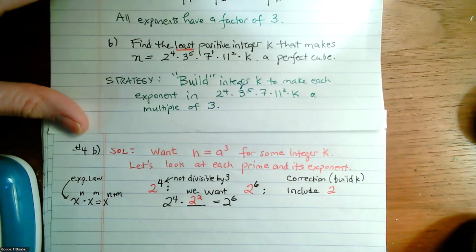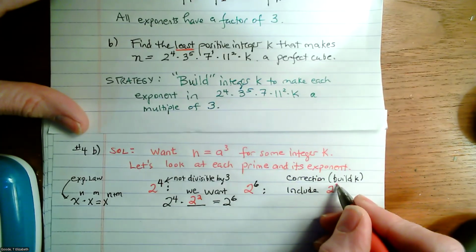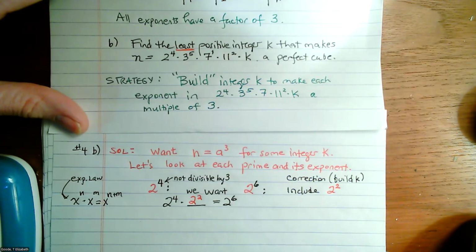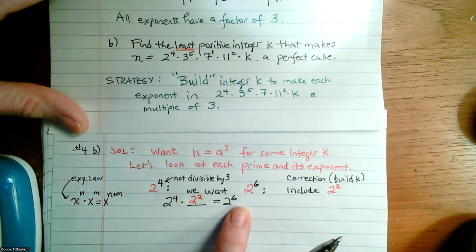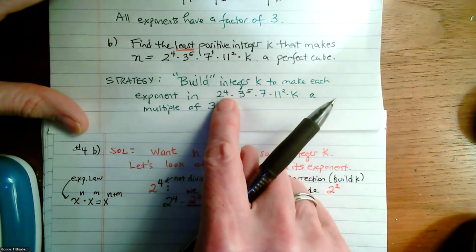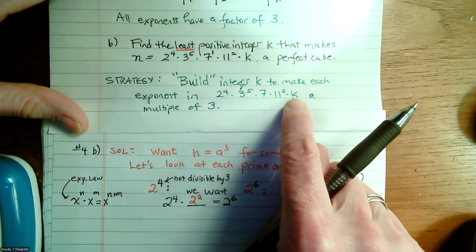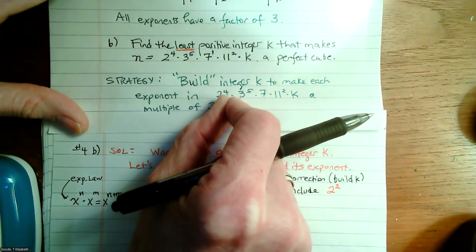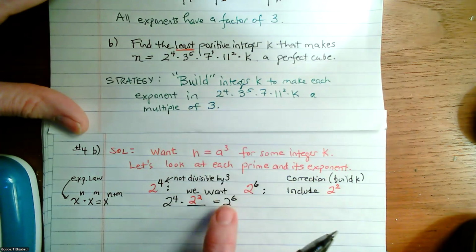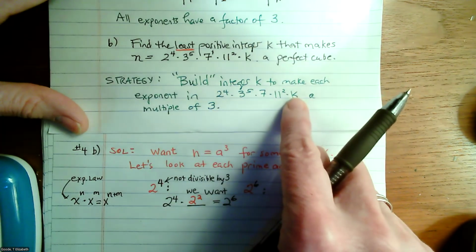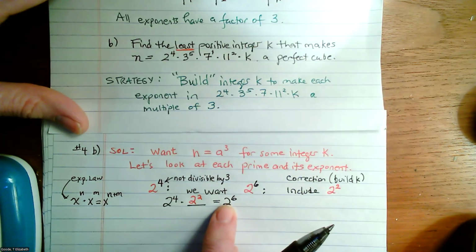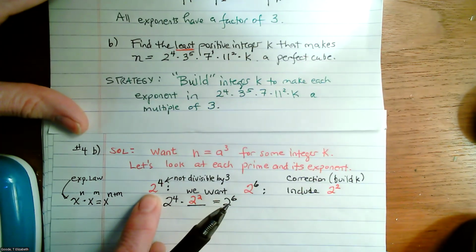So we need to include 2 squared in our k because that will correct the 2 to the 4th factor. If we make 2 squared a factor of k, then we'll be able to collect together the 2 to the 4th times the 2 squared that'll be over here in k, and the grand total will be 2 to the 6th. And that fixes the factor that's got the base 2.